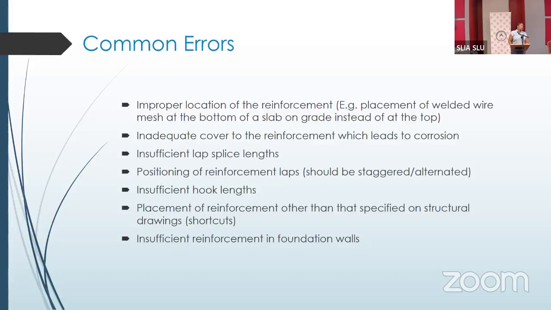By right, when we buy the prefabricated cages, they should be following codes and regulations, so those should be alternated. Again, then we are left to rely on the quality of the weld to keep those hooks in place. And efficiency as well, so that's why they would do it that way.